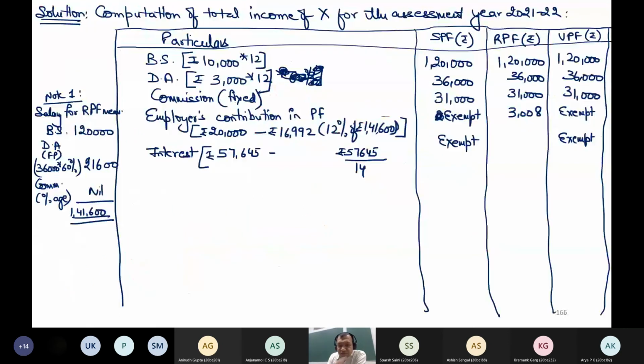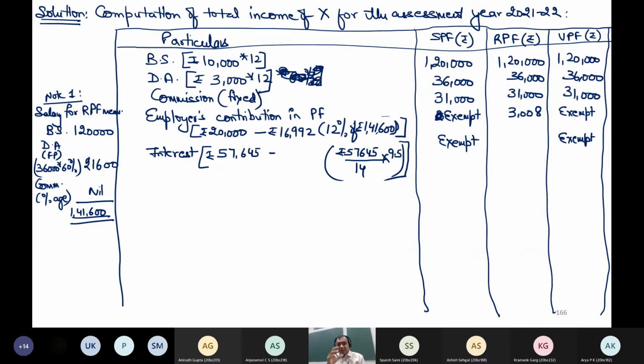In RPF, only interest up to 9.5% per annum interest rate is tax-free, the remaining is taxable. So out of 57,645, I should compute that 9.5. You divide it by 14 and multiply it by 9.5.